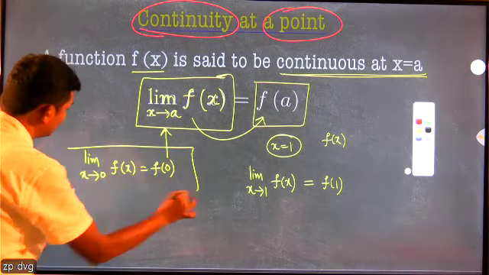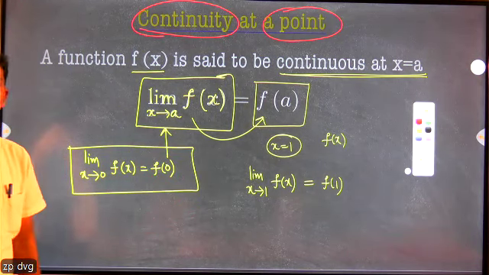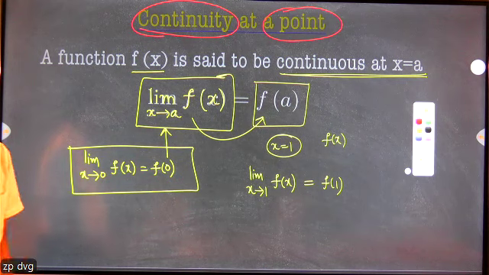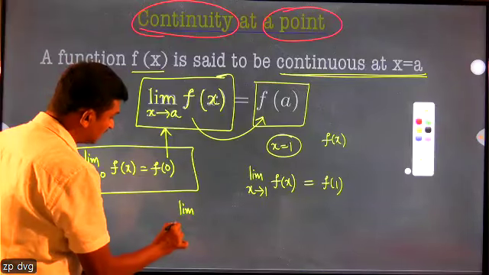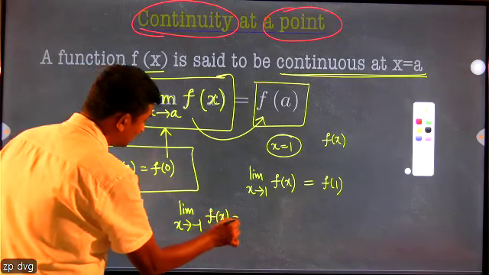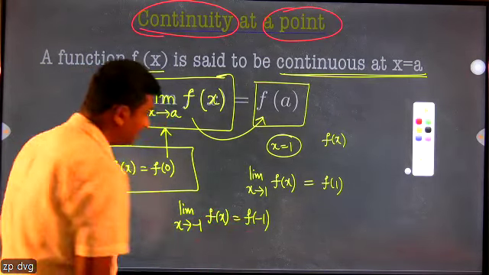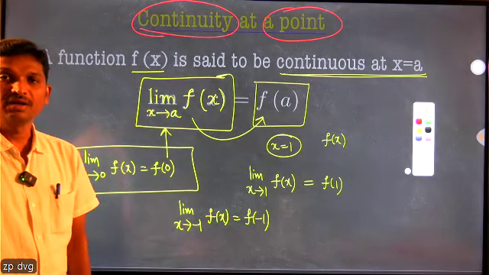If this holds good, then we say that the function is continuous at x equal to 0. If they ask, check the continuity at x equal to -1, you just calculate the limit as x approaches -1 of f of x equal to f of -1. If this holds good, then we say that the function is continuous at -1, right?